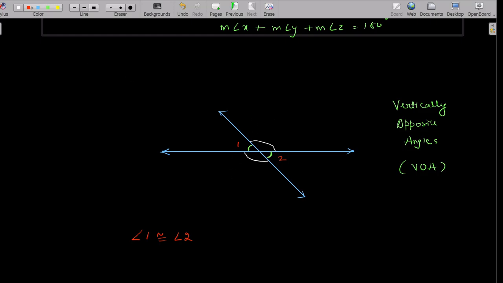If this one is 3 and this one is 4, then these two will also be congruent. So angle 3 will be congruent to angle 4. When I say they are congruent, that means their measures will be equal: the measure of angle 1 equals the measure of angle 2, and the measure of angle 3 equals the measure of angle 4.